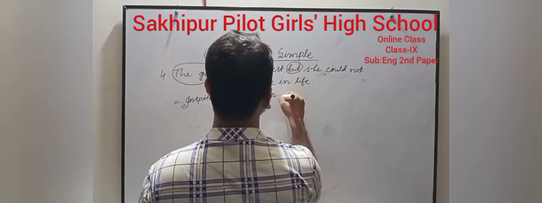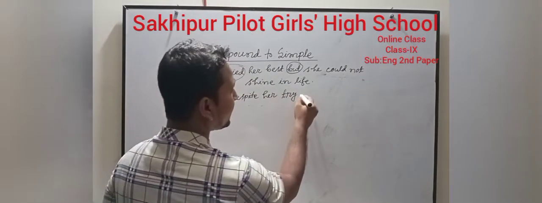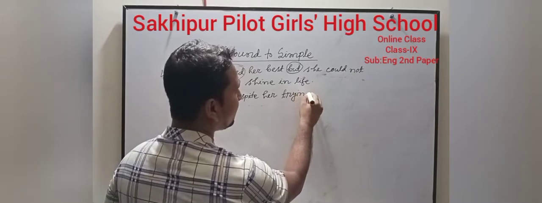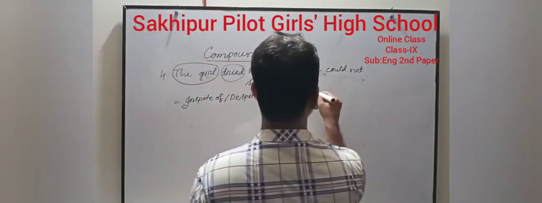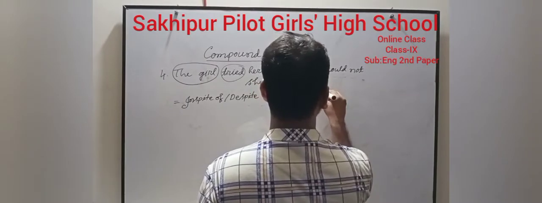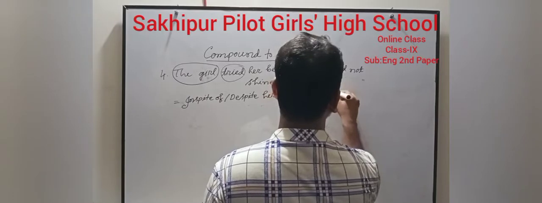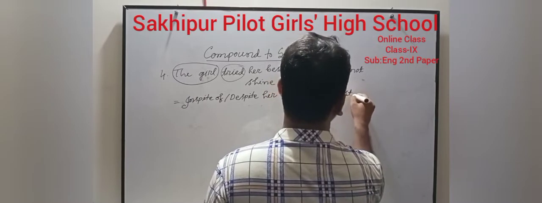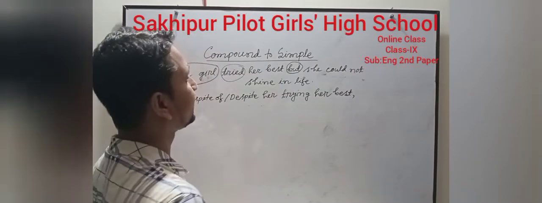That means you have to write the base form of the verb, then add "ing" with the base form of the verb. Then write the rest of the part of the clause, "her best". You have to use a comma instead of "but".